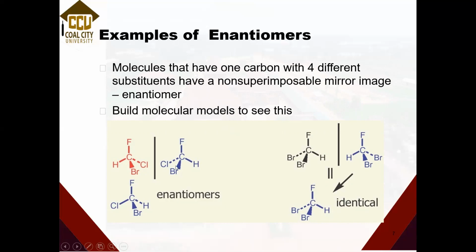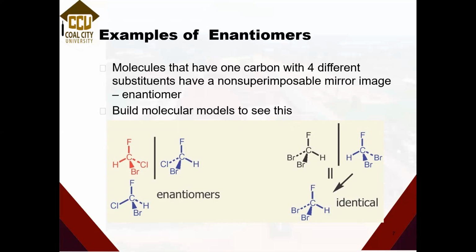If any two substituents on this carbon are the same, the mirror image will be identical to it, and as such, they will not be enantiomers. But in this case, all four substituents are different, and because of that, they are enantiomers. The mirror image of this structure is non-superimposable.